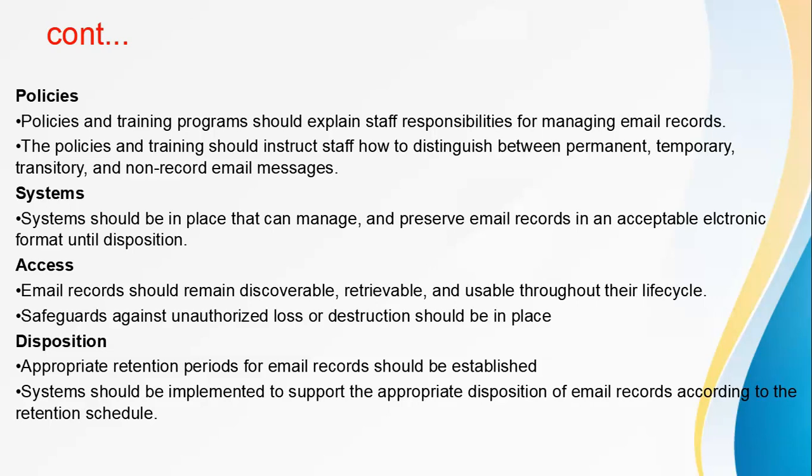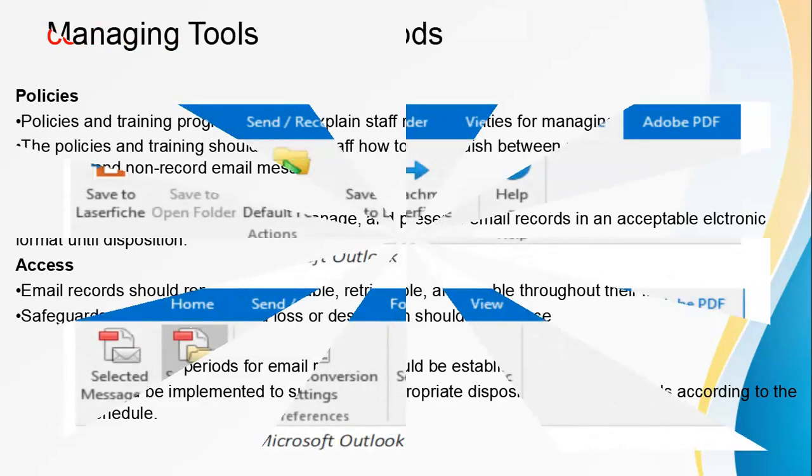Access: email records should remain discoverable, retrievable, and usable throughout their life cycle. Safeguards against unauthorized loss or destruction should be in place. In disposition, an appropriate retention period for email records should be established. Systems should be implemented to support the appropriate disposition of email records according to the retention schedule.